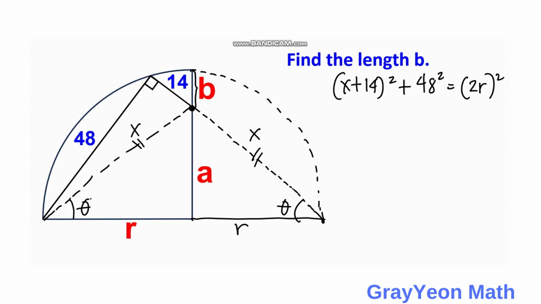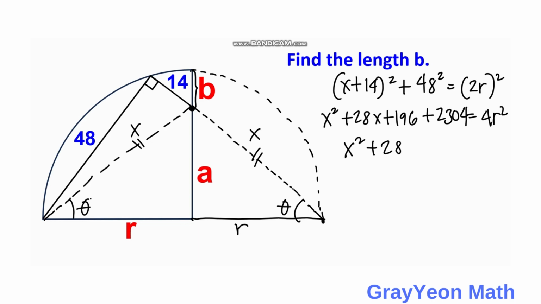Simplifying this, we have x squared plus 28x plus 196 plus 2,304 is equal to 4r squared. Then we simplify the left-hand side: x squared plus 28x plus 2,500 is equal to 4r squared.